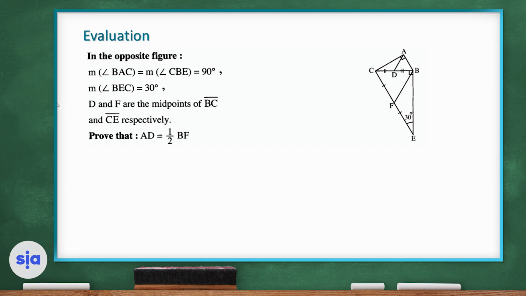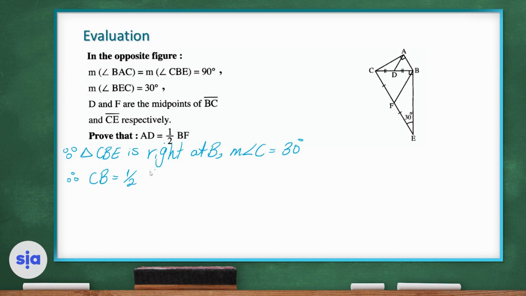We're going to work now in triangle CBE. So we'll say that since triangle CBE is right at B, where the measure of angle E is equal to 30 degrees, therefore CB is equal to half CE.